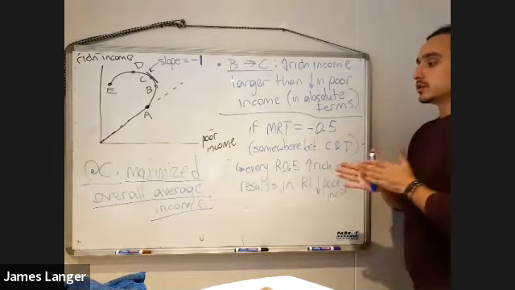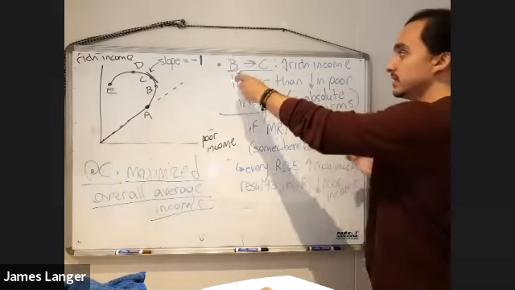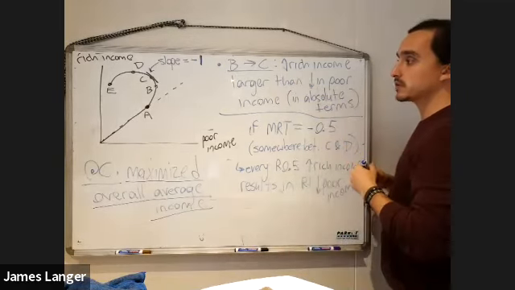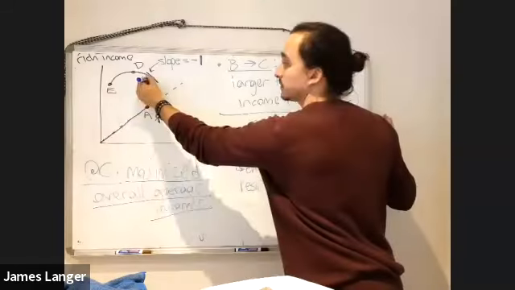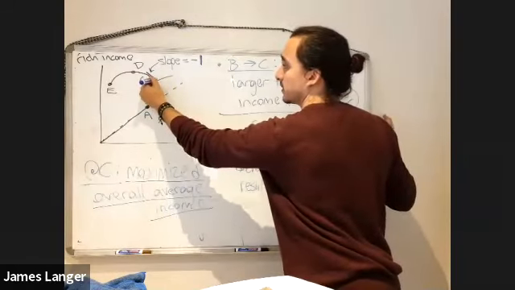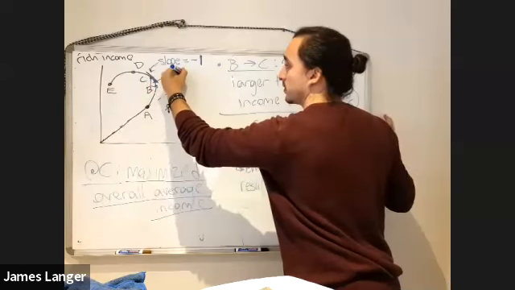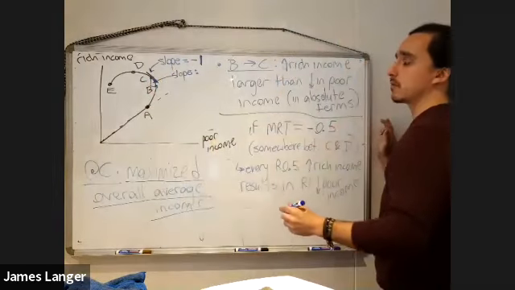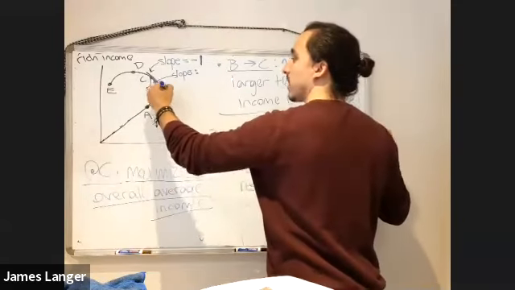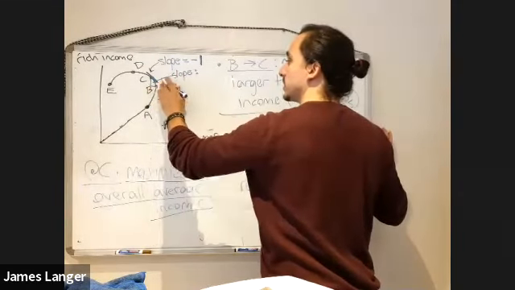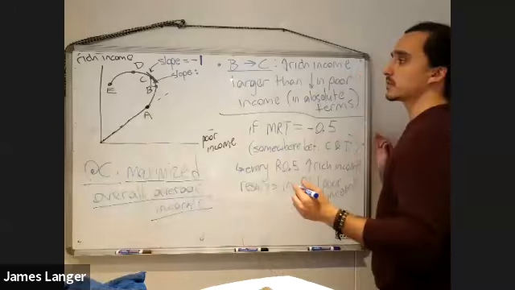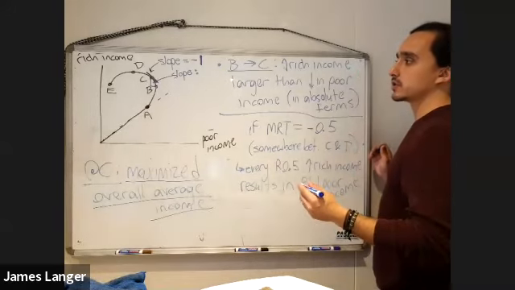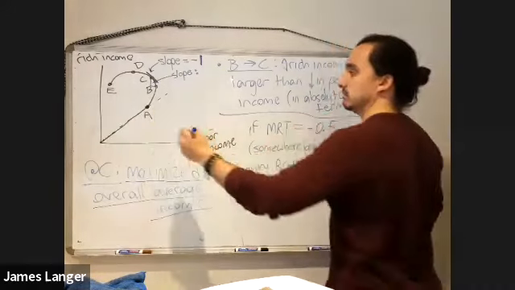Okay. So again, when we move from B to C, we can see here the slope. It's going to sit somewhere between infinity and -1.